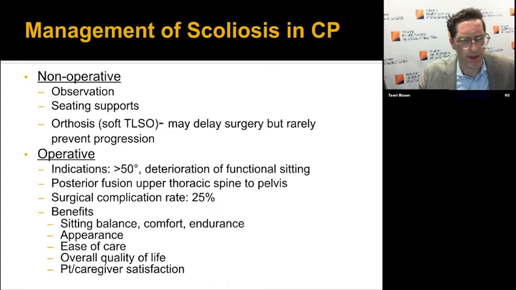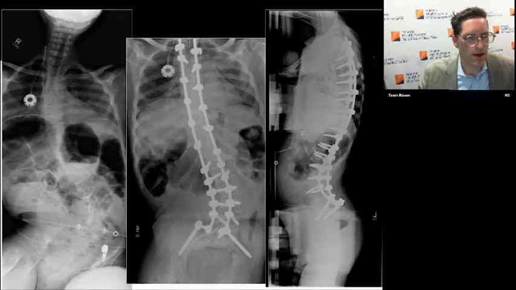These patients are usually GMFCS 4s and 5s, so they have multiple comorbidities, and this is partly contributory to the high surgical complication rate. However, there are tremendous benefits in this population, including improving sitting balance, comfort, and endurance, appearance, ease of care, overall quality of life, as well as patient and caregiver satisfaction. And here's an example of a child with a neuromuscular scoliosis who underwent a posterior spinal fusion from the thoracic spine down to the pelvis.